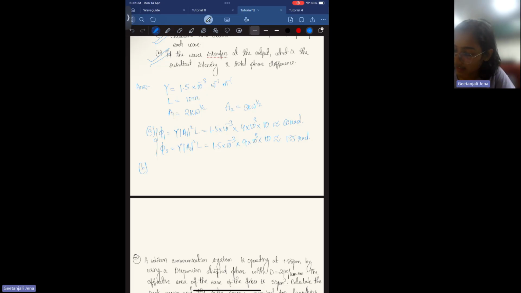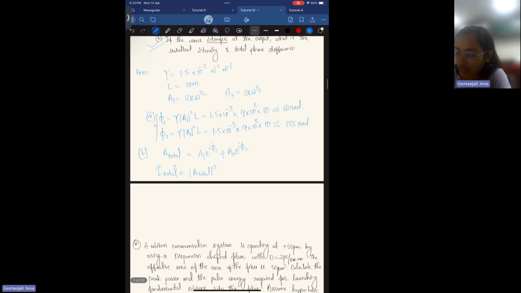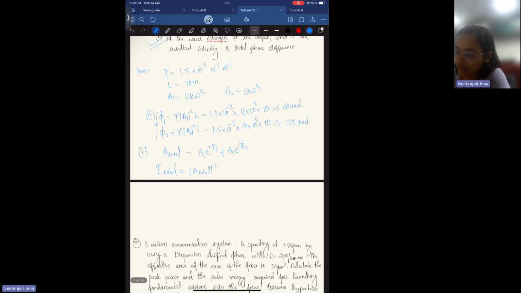To find the intensity, the total amplitude at the output is A1 e to the i phi 1 plus A2 e to the i phi 2. Intensity is directly proportional to the square of the amplitude, so we can find a rough value for the intensity. The exact expression will be found by taking the constants also. So let us say the constant is 1 for this case.